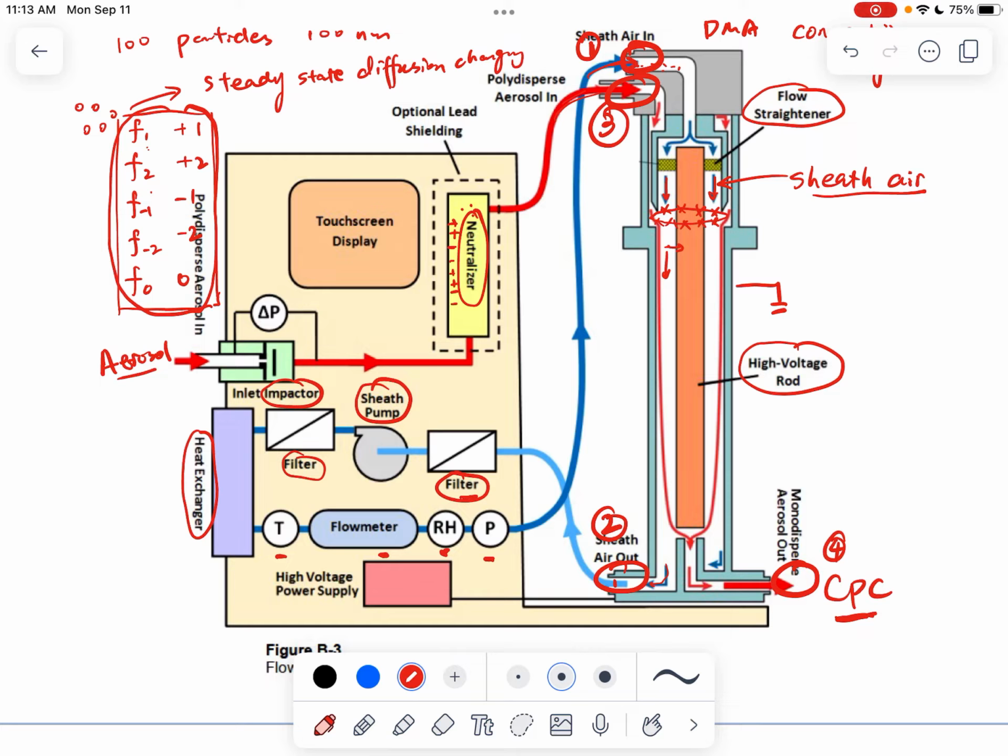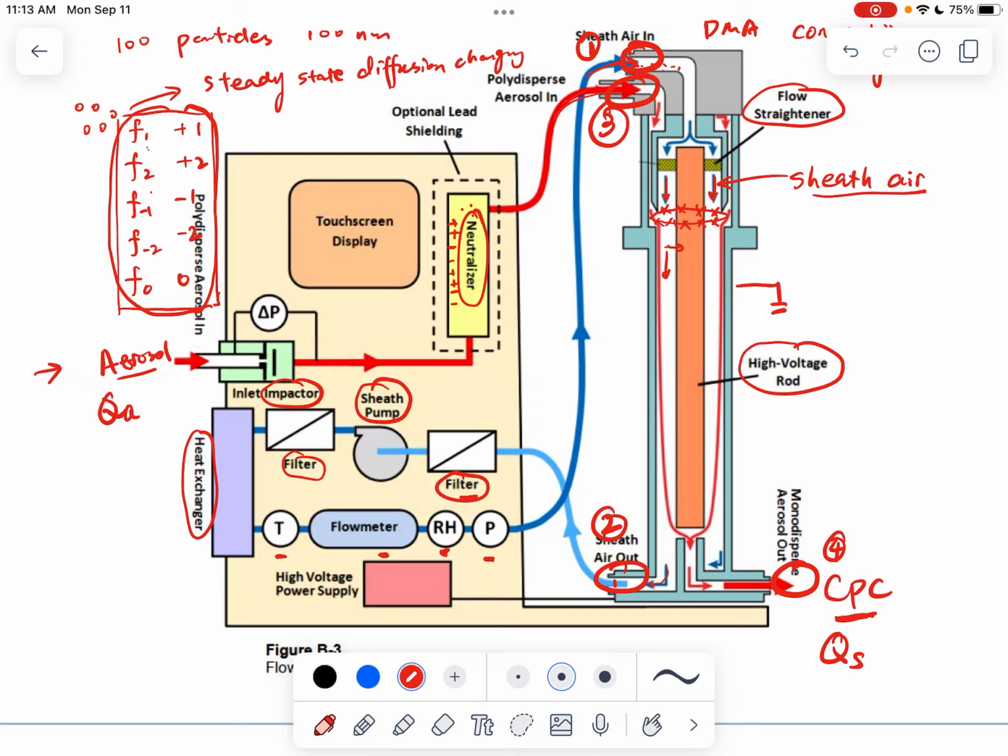Since we mentioned that the CPC normally has an internal pump to pull a certain flow rate, or you need a vacuum source to pull the aerosols, this means that for the DMA, or the whole electrostatic classifier or the SMPS, the flow rate here, let's call it QA, the aerosol flow, is just going to be determined by the flow rate that's withdrawn by the CPC.